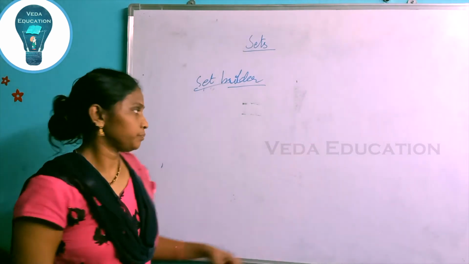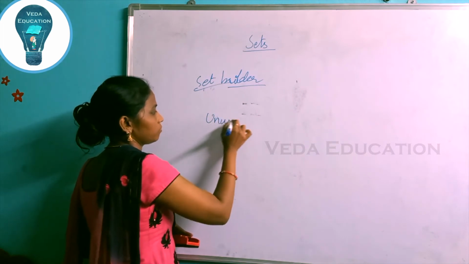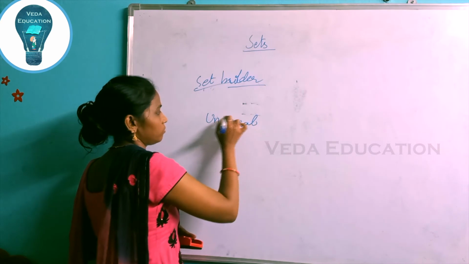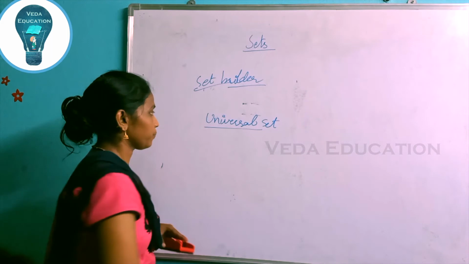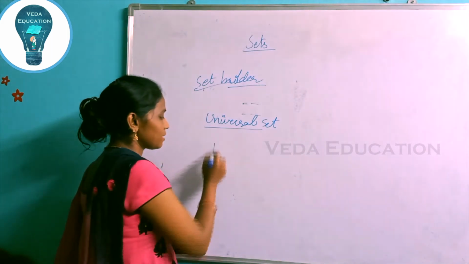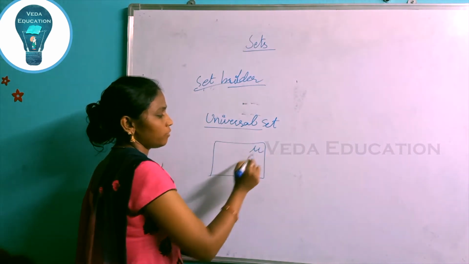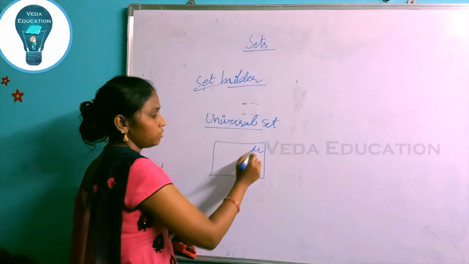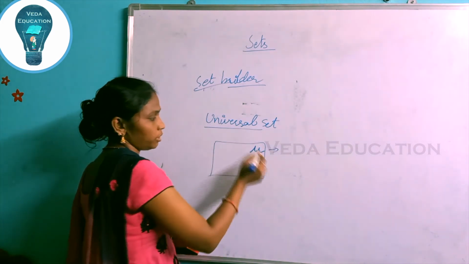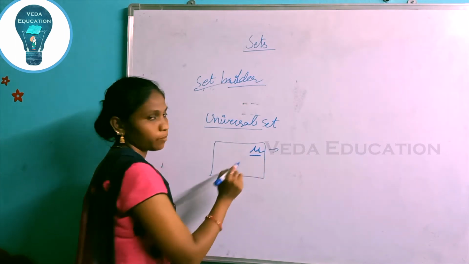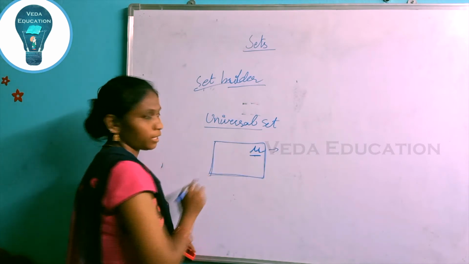Next, universal set. See, universal set means all sets are involved in one whole set. That set is called the universal set. For that we will use a rectangular box and this symbol, which we call mu. To denote the universal set we use this symbol, and the representation of the universal set is a rectangular box.